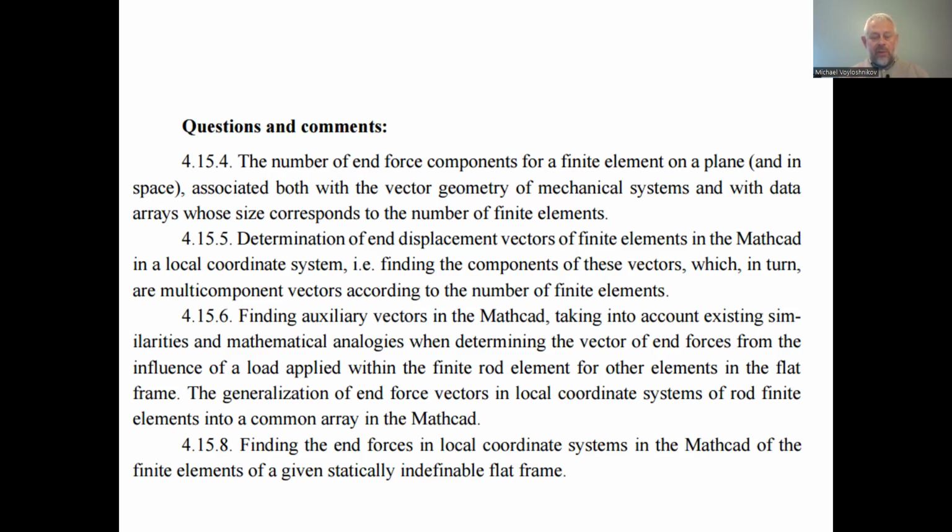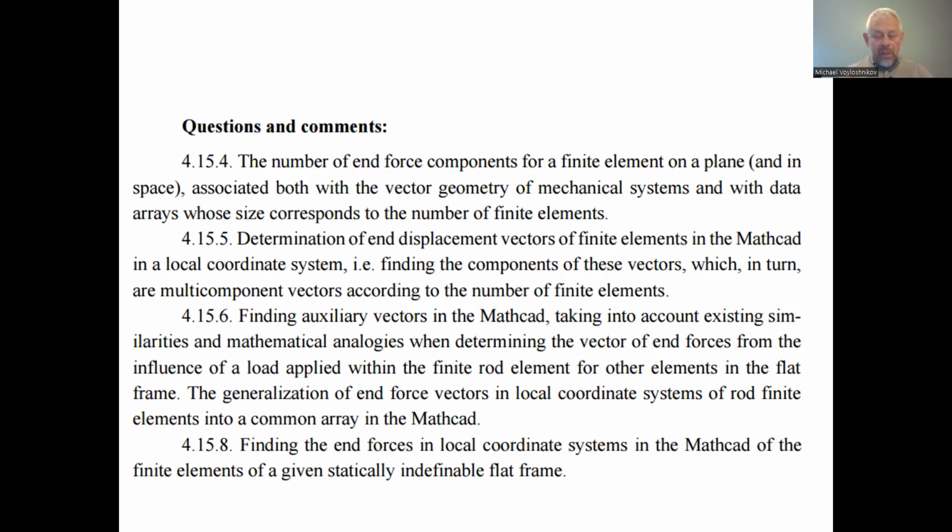4.15.5 Determination of end displacement vectors in the finite element in Mathcad and the local coordinate system. Here we find the components of these vectors, which in turn are multi-component vectors according to the number of finite elements. The displacement vector in Mathcad and the local coordinate system is determined in sequence.